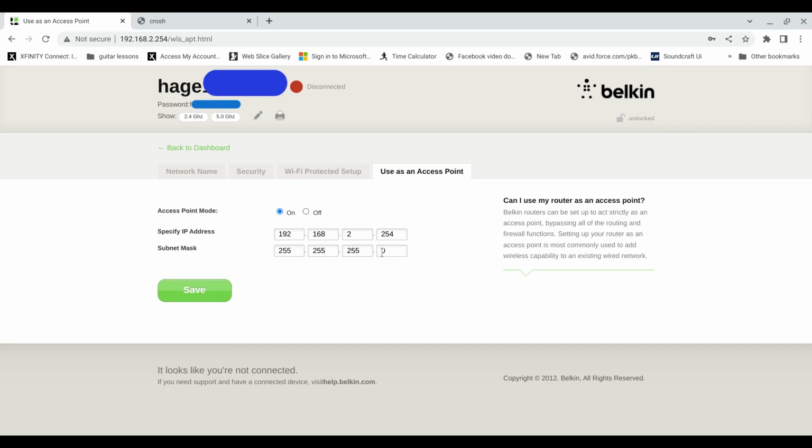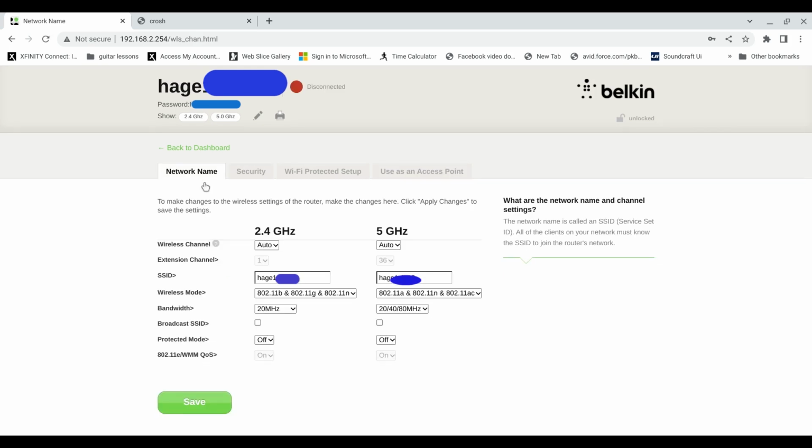Okay, here's my router configuration. As I said before, it's configured as an access point. It has IP address 192.168.2.254. Here are the 2 networks, 2.4 and 5 gigahertz. I have a separate SSID for each of them.